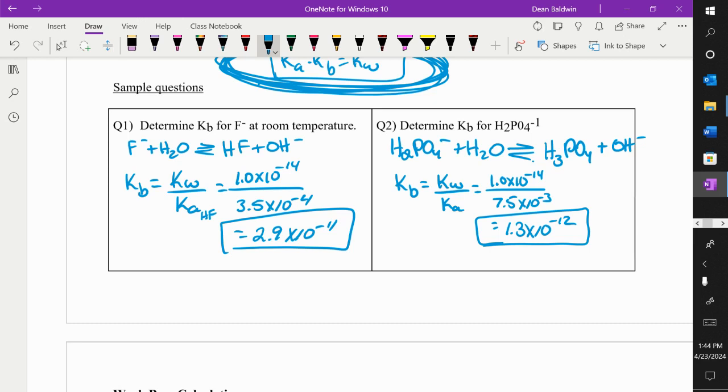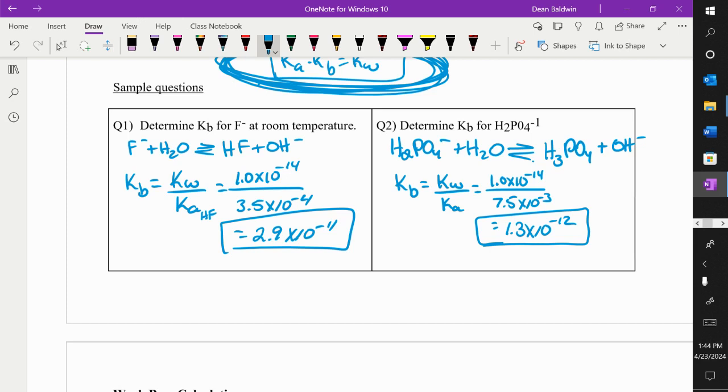It's a tiny number. Does that make sense? Yes, because which is going to be the stronger acid? If this donates and we form phosphoric acid, which is fairly strong, it's going to really push the thing this way. That's why we get a tiny equilibrium.